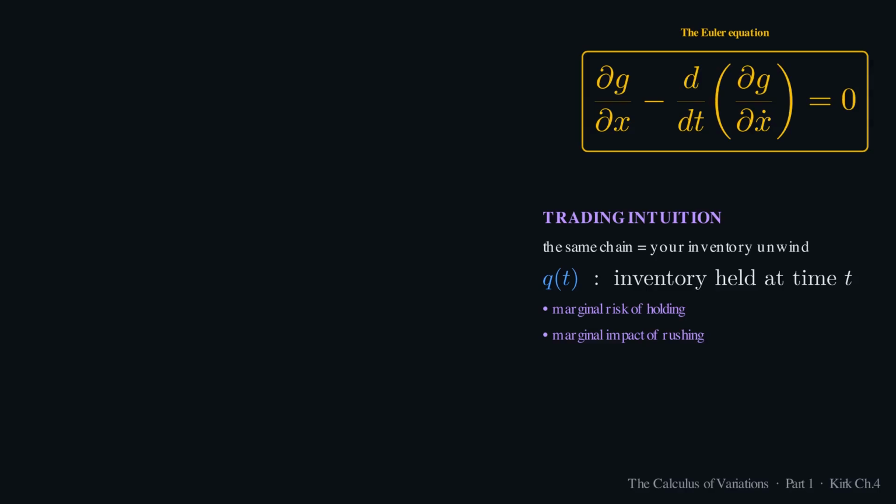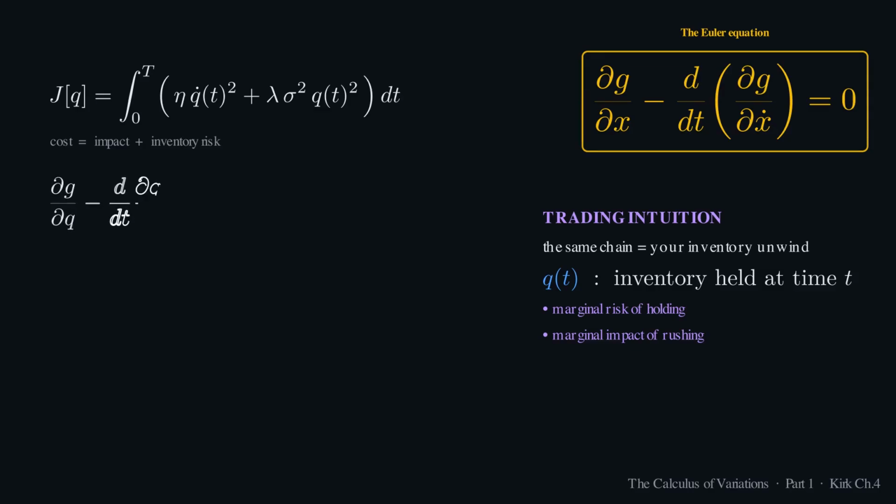Now the payoff. That chain of beads is your inventory as you unwind a position. Full at the open, 0 by the close. Lifting a bead means holding a little more, a little longer. One pull is the risk of holding inventory, exposed to every twitch of the market. The other is the impact of trading faster to get out.